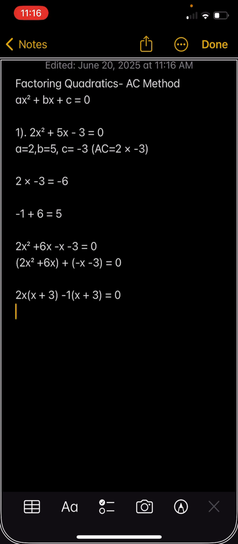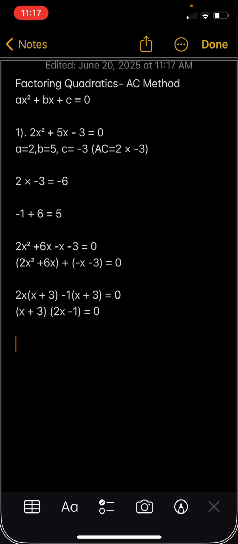So we can rewrite like this. Notice we have x plus 3 in one bracket, 2x minus 1 in another bracket.